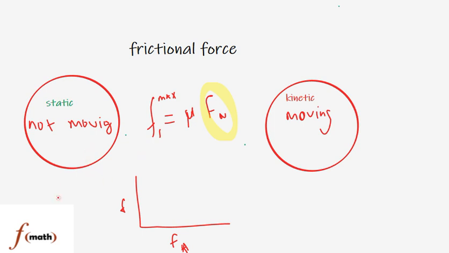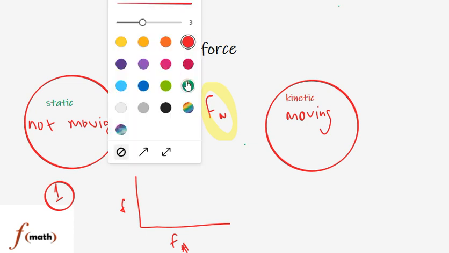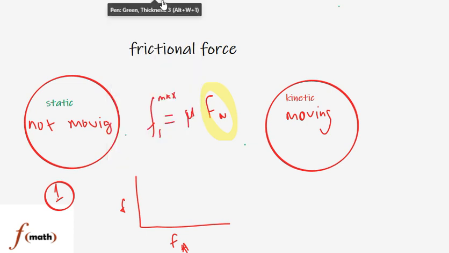You're battling against this, and after a while the object is moving. So you're battling against a friction that opposes a tendency of the object to move, and now it's opposing an object that is moving. This is two stages when you're pushing a car.